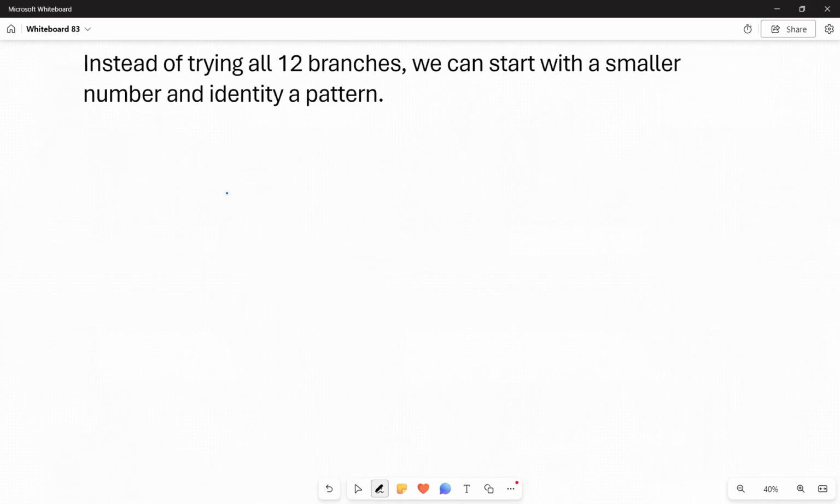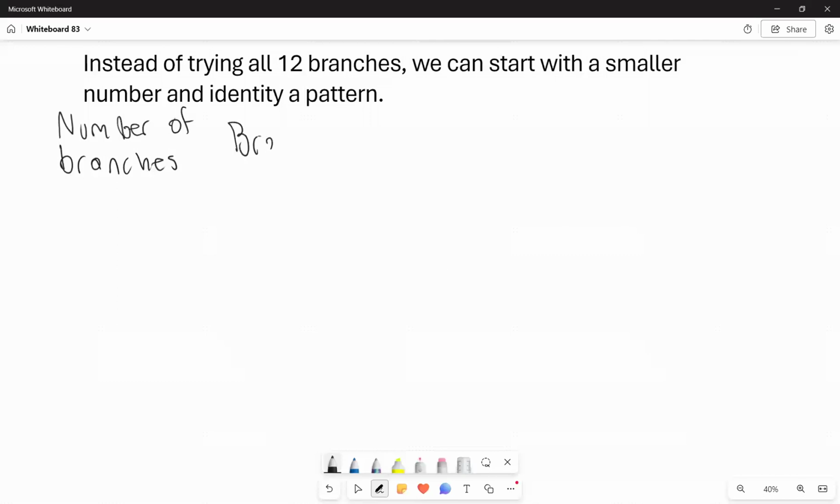The table will have the number of branches, the branches themselves, the links, and at the end, the number of links.